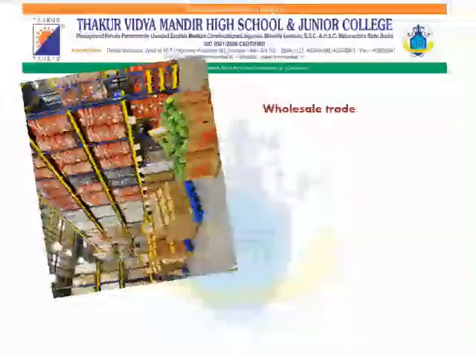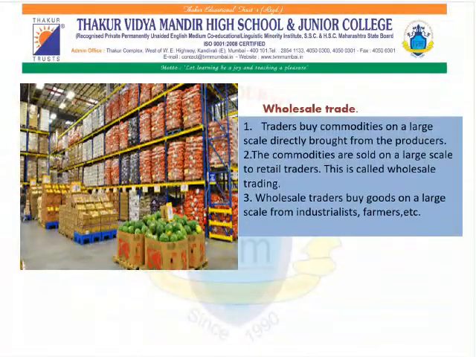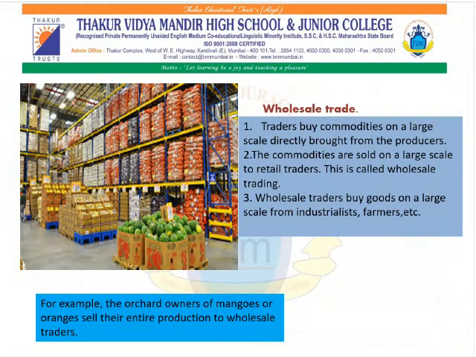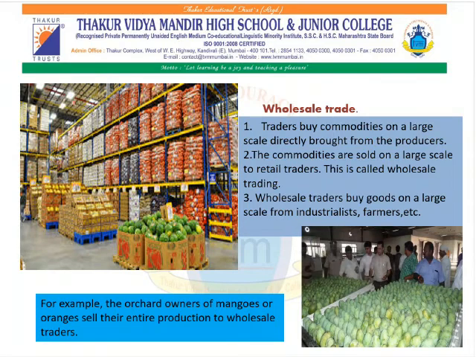Trade is classified according to the quantity of goods. Depending on the quantity of goods, there are two types of trade: first, wholesale trade, and second, retail trade. We will study wholesale trade first. Here, traders buy commodities on a large scale, directly from the producers.